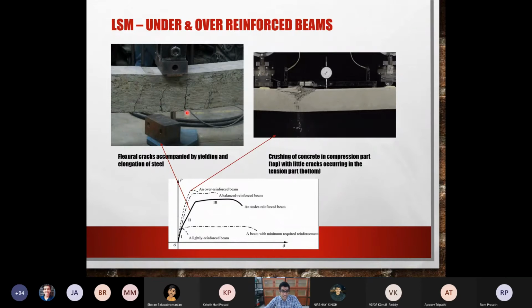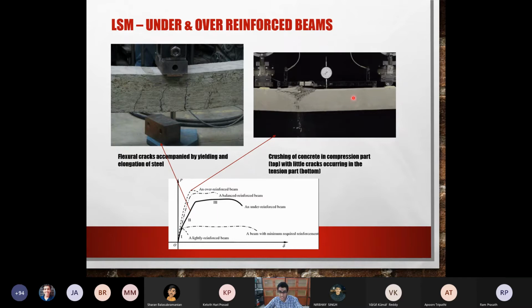If your crack goes from the bottom to the top of the beam, it is happening because the steel is pulling apart the concrete through elongation. That means it is under-reinforced: steel is yielding and elongating, creating vertical cracks in the concrete. If it is over-reinforced, the crack will be different.